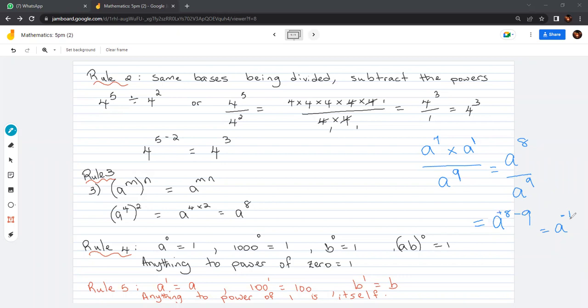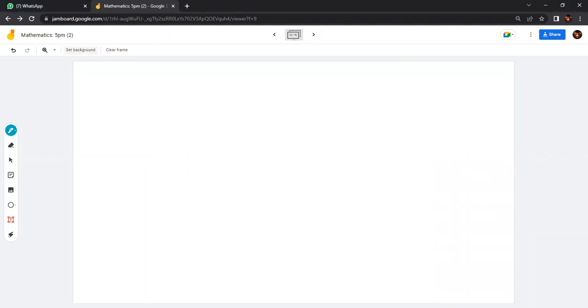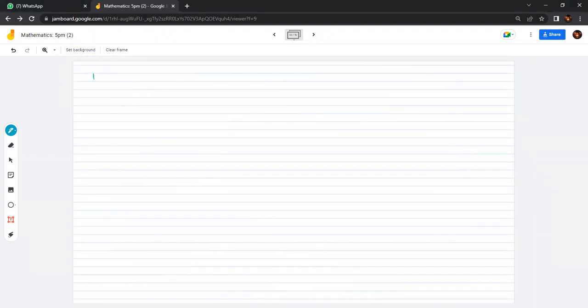Now, what does negative power or negative index mean? All right, so once you have a negative index, it's actually the reciprocal of the base.